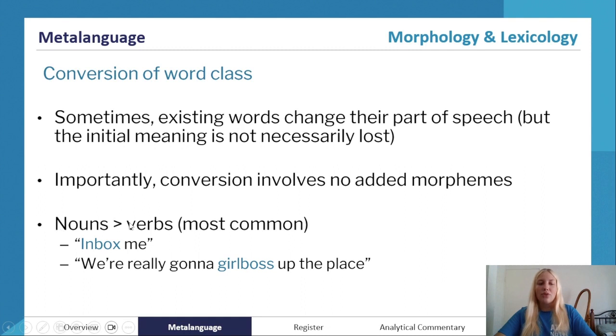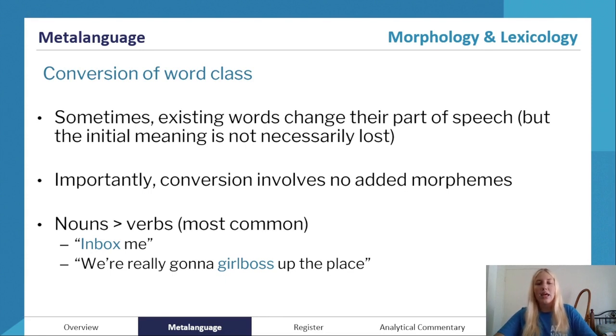So nouns often changing into verbs is the most common. The meaning isn't necessarily lost, okay? But it can be used in a different way in a sentence. That's why I said Uber used to be just a business name, but now it's a noun, it's a verb also. I'm Ubering somewhere, okay?